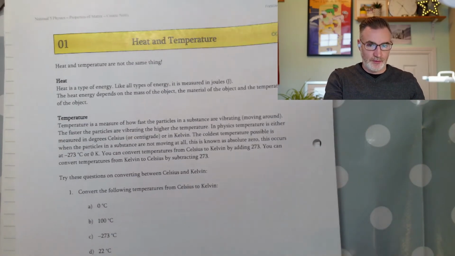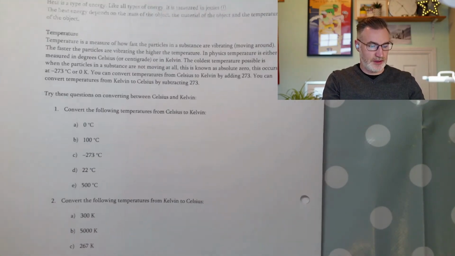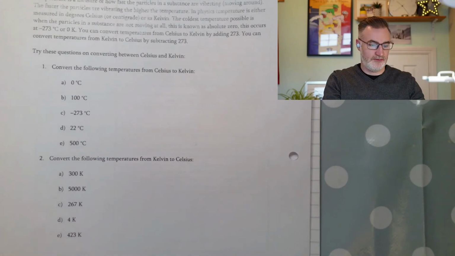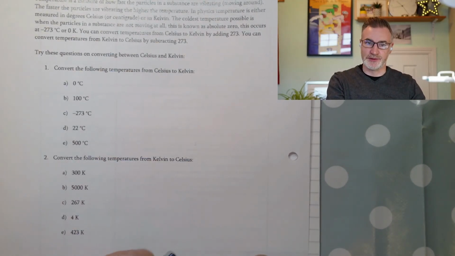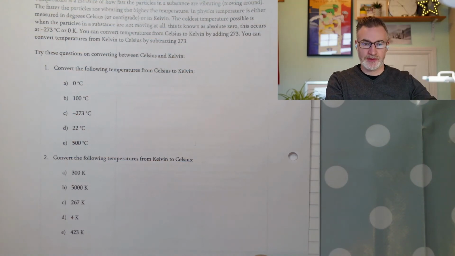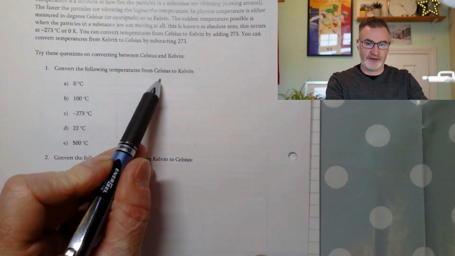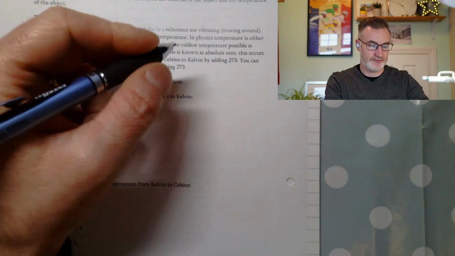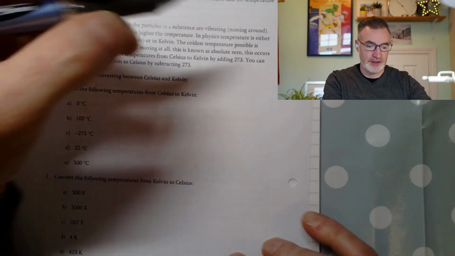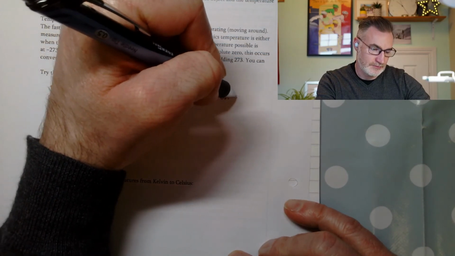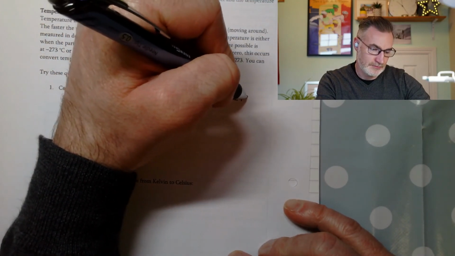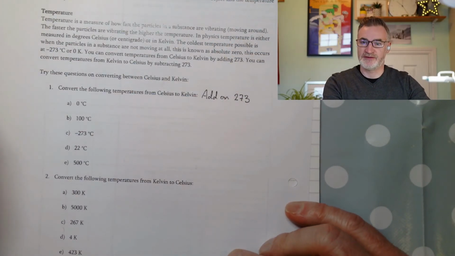And so we have our course notes, and on the first page of the course notes, there are some practice conversions for you to do. All you're going to be doing is converting from Celsius to Kelvin, and you would add on 273.